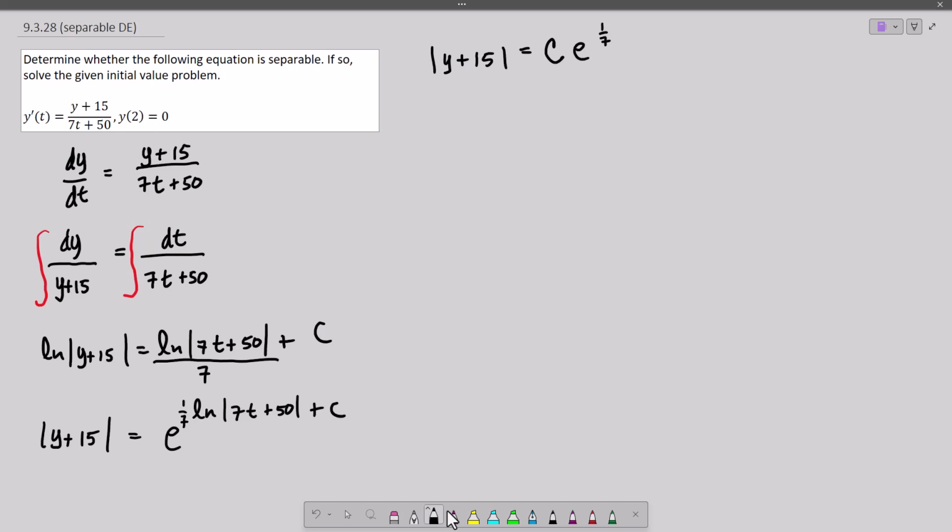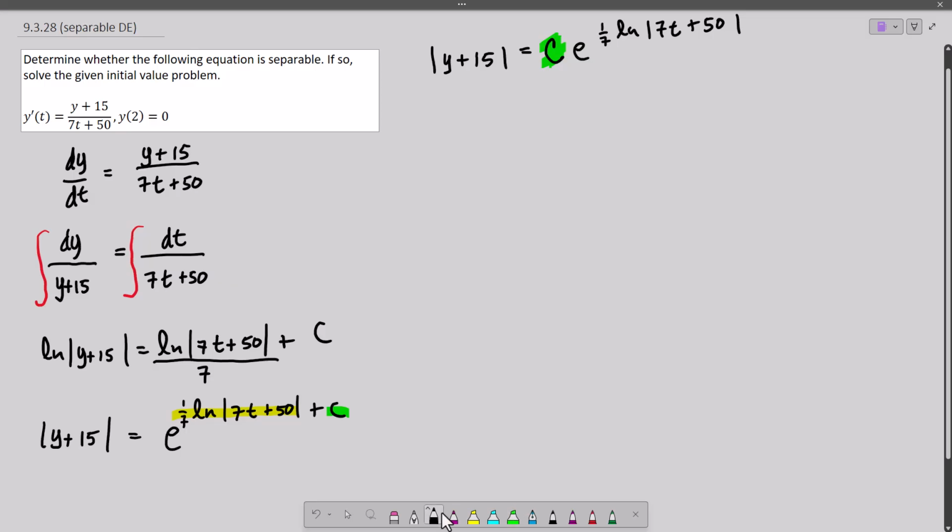And this is helpful so that we can eliminate the absolute value on the left. So laws of exponents tell us that we have e raised to this power multiplied by e raised to this power. And e raised to the c is just another constant. This constant right there is representing e to the c.